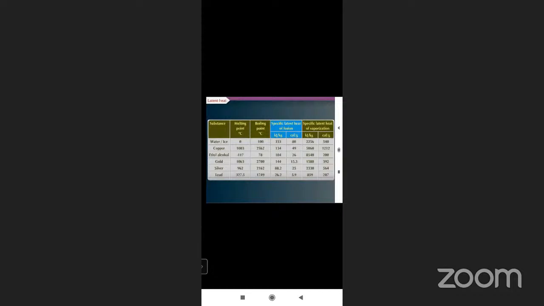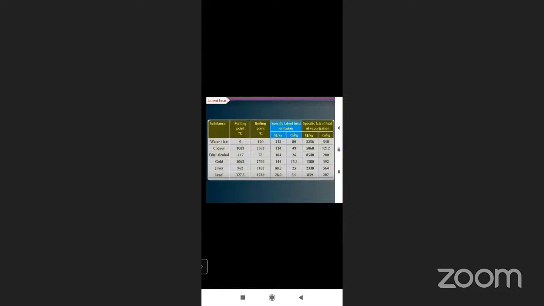Clear? So this is about the first substances, water and or ice. Now we'll see for the second, that is copper. So melting point of copper is 1083 degrees Celsius and boiling point is 2562 degrees Celsius.